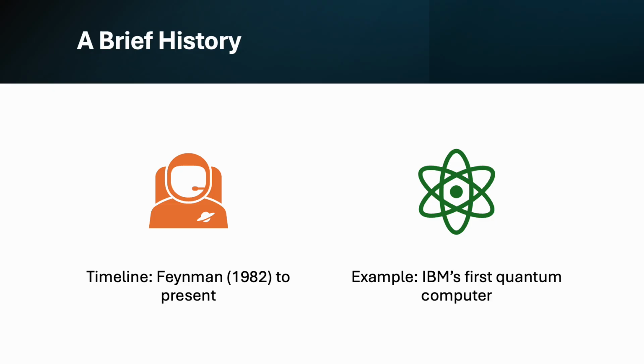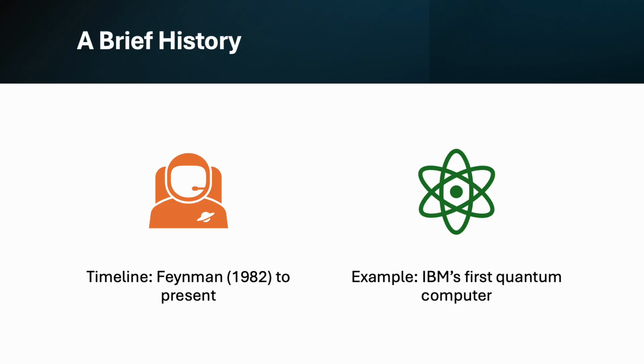In 1985, another scientist named David Deutsch described what a universal quantum computer would look like and how it could solve certain problems that regular computers couldn't handle. Throughout the 90s, researchers made exciting breakthroughs by inventing quantum algorithms, special step-by-step instructions for quantum computers.